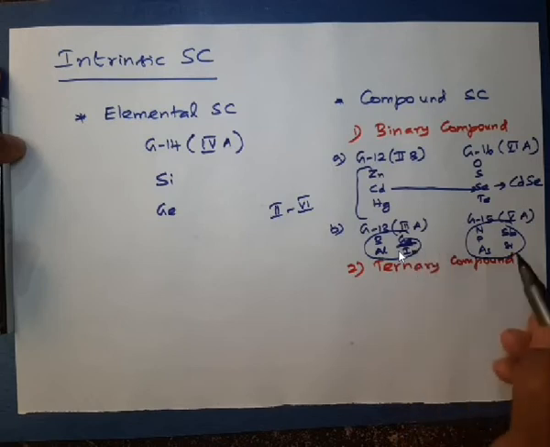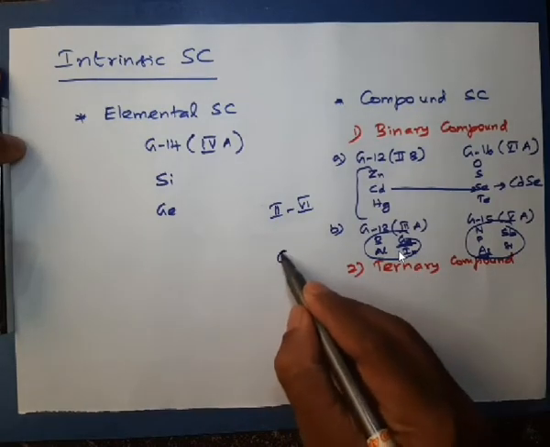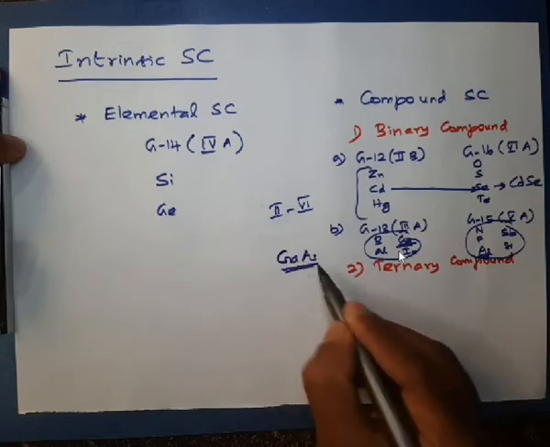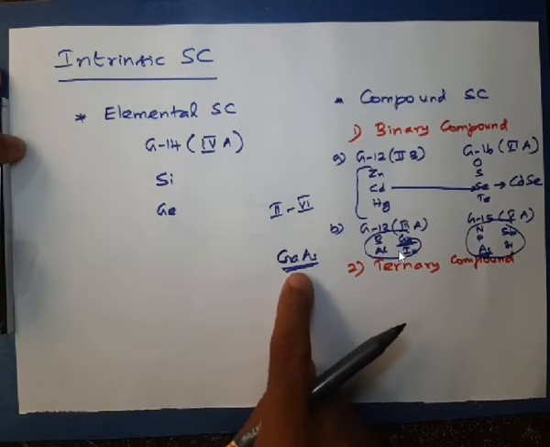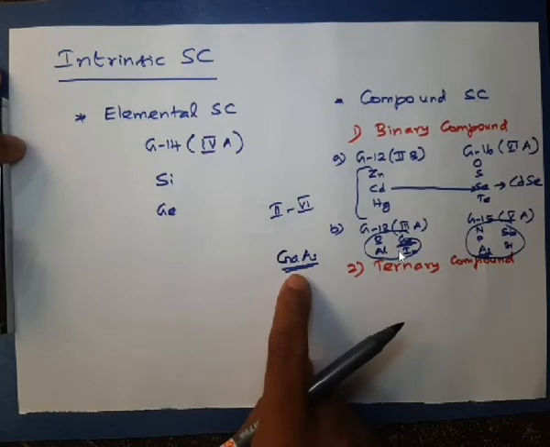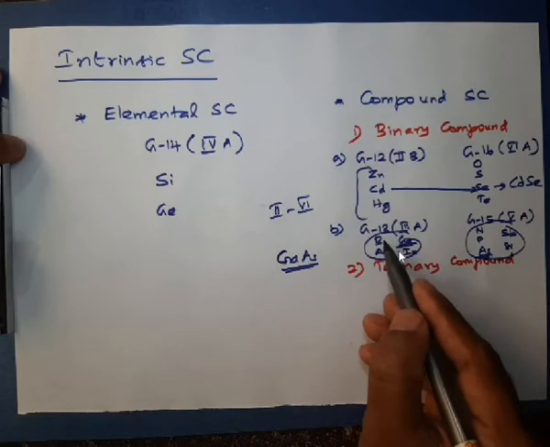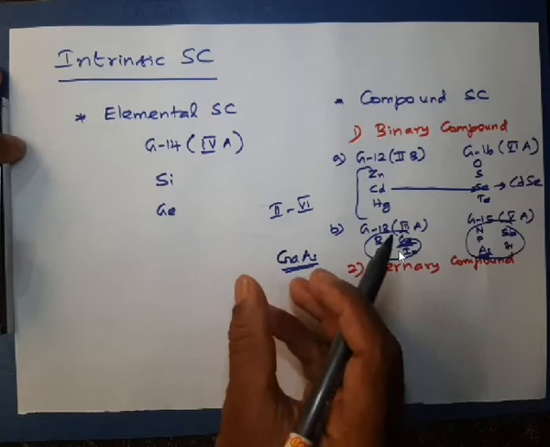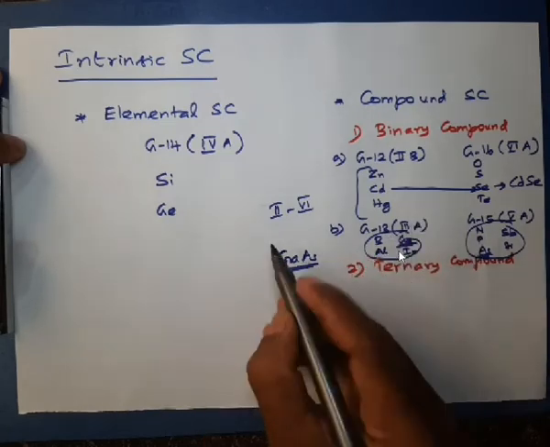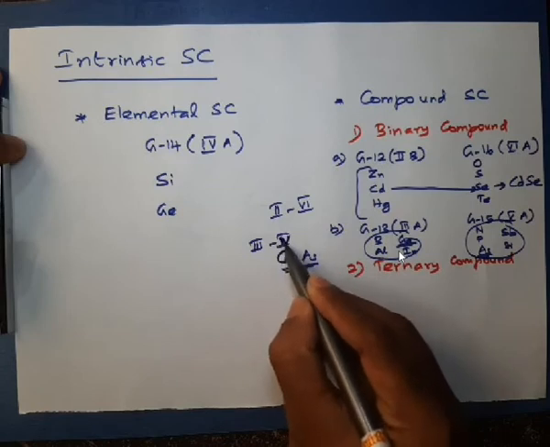Suppose you take gallium and combine with arsenic, you will get a compound called gallium arsenide. Gallium arsenide is a very famous example of an intrinsic semiconductor. It has a band gap of 1.42 electron volt, which is less than 3. By combining one element from group 13 and another from group 15, if you get a semiconductor, we call it a 3,5 semiconductor.